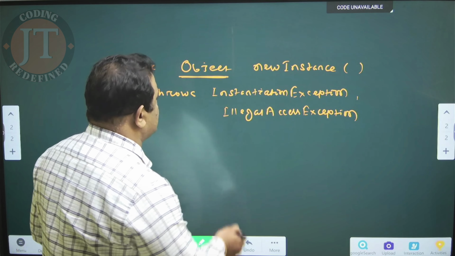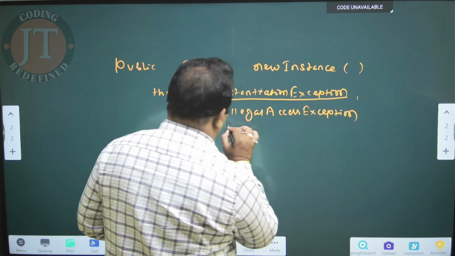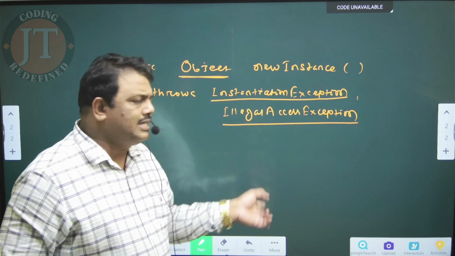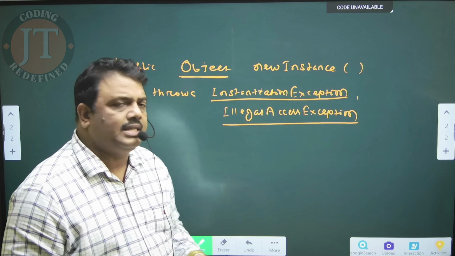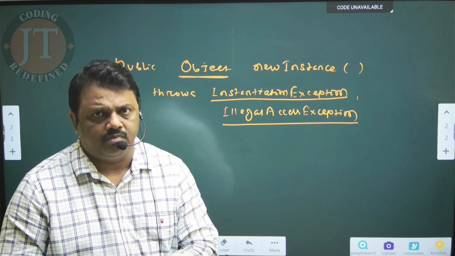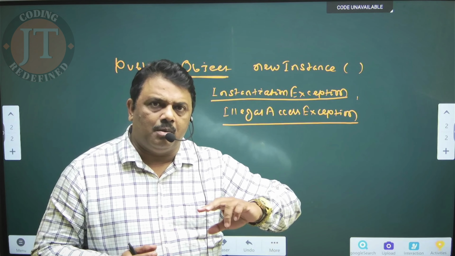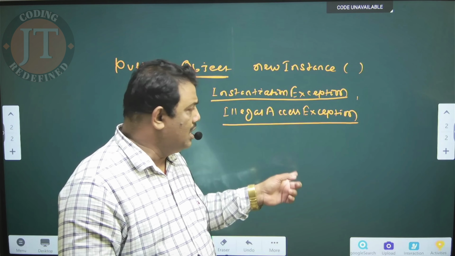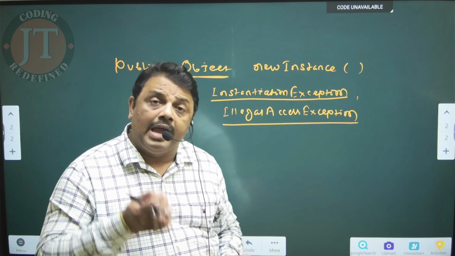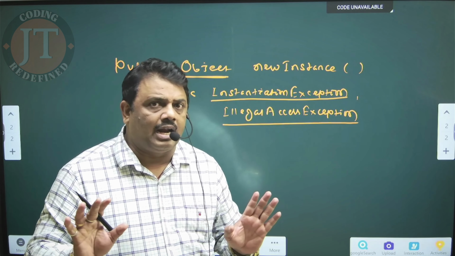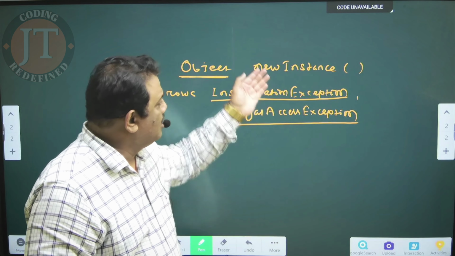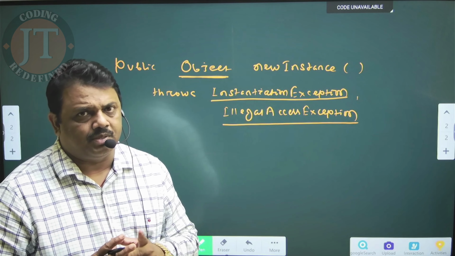But this method throws two types of exception: one is InstantiationException, another one is IllegalAccessException. You know that when we call this method, we are bound to handle both exceptions. Whether an exception may arise or may not arise is not a matter, but we are bound to handle the exception.